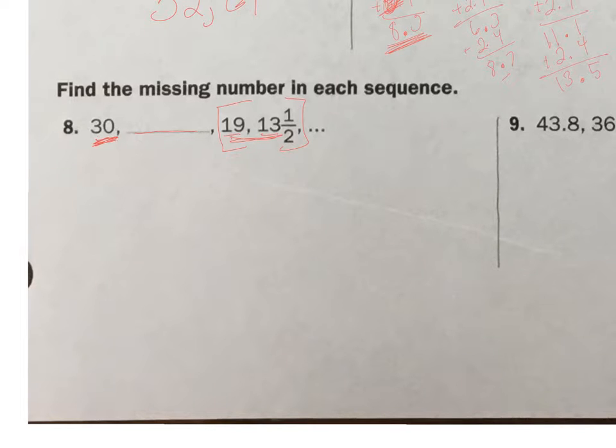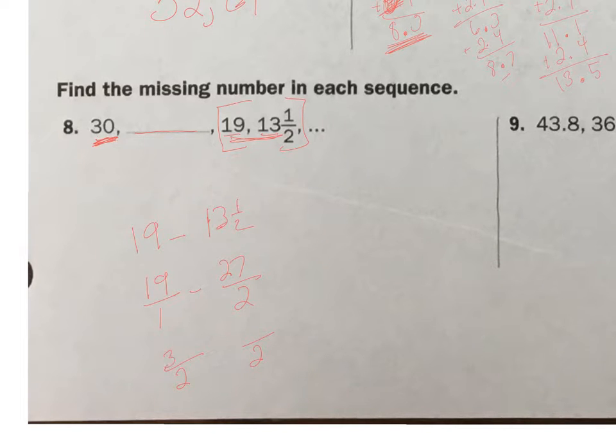Okay? So 19 minus 13 1/2. Make that into fractions. 19/1 minus, let's see, 13 times 2 is 26, plus 1 is 27/2. But with minus, I need the same denominator, and I know 2 will work.